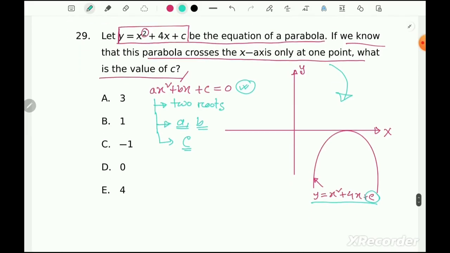To calculate the roots, we generally use the equation x equal to minus b plus minus root over b square minus 4ac, divided by 2a.